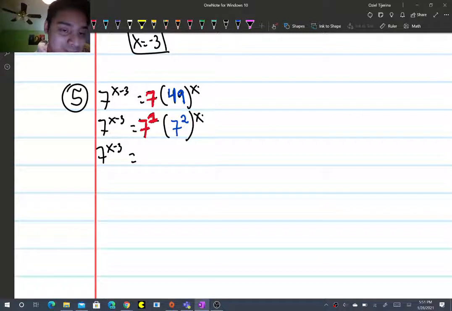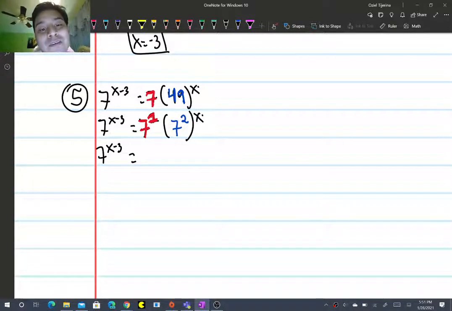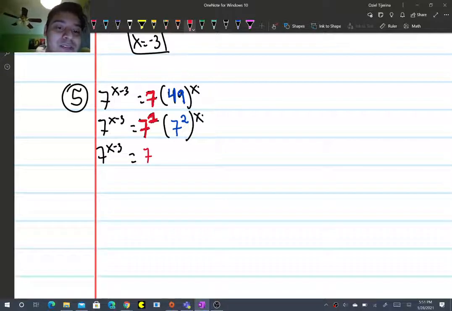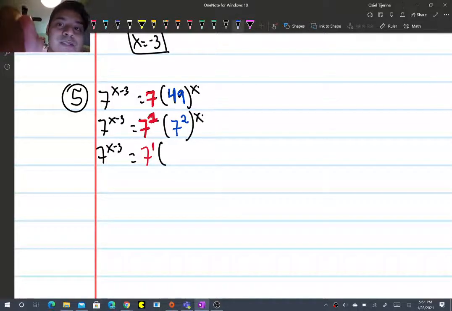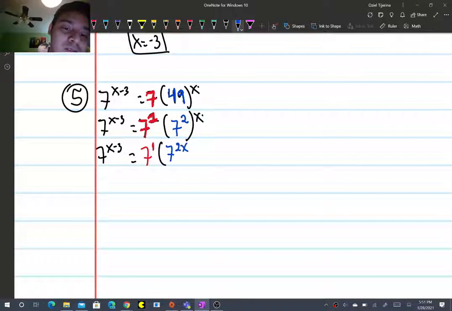The left side always stays the same, by the way. On the right, you multiply these two: 7 to the first, and then in parentheses, 7 to the 2x, right?